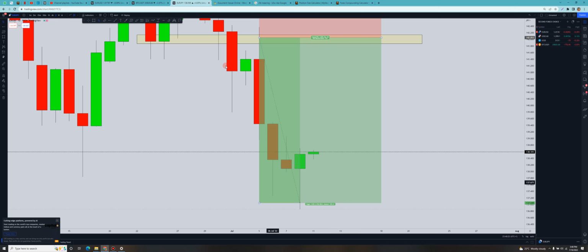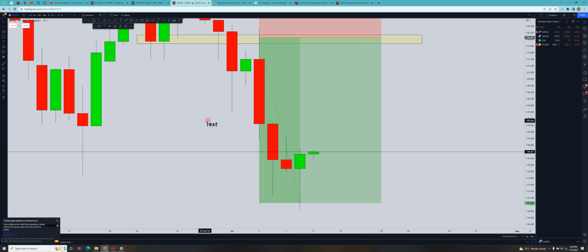So if you are trading JPY, it drops 500 pips and hits your target, and you use 0.5. Now the question is, how much have you earned? You use 0.5 lot.